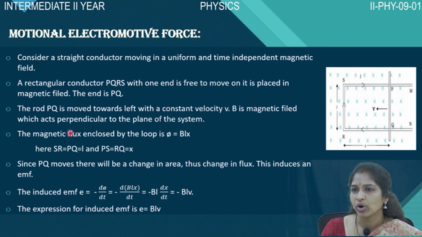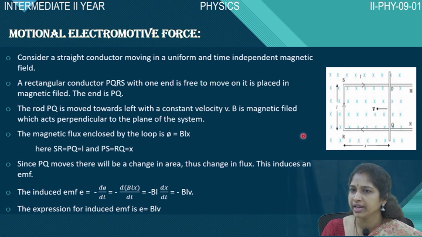So first, what is flux? When the movable conductor PQ is here, the area is L into X. The maximum flux is B into A, so B into L X. So the flux is BLX.